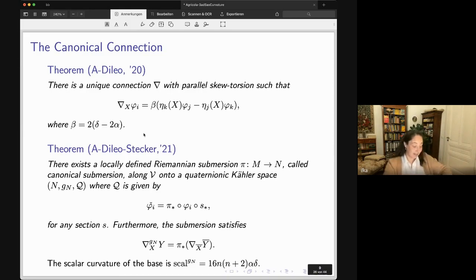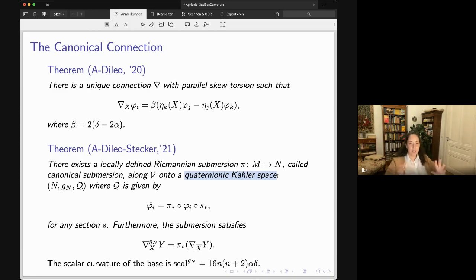And then the year afterwards, together with Leander Stecker, we proved the following. Whenever I am in this situation, there exists a locally defined Riemannian submersion pi, called the canonical submersion, of a 3-alpha-delta Sasaki manifold along this vertical space onto a quaternionic Kähler space, which I'm always going to call N. Right?